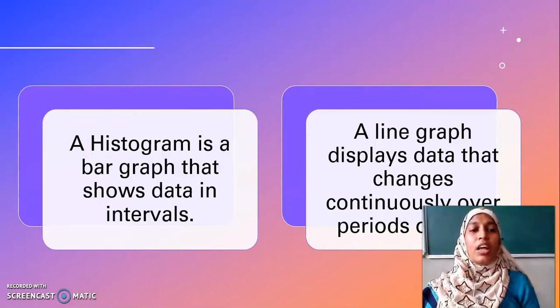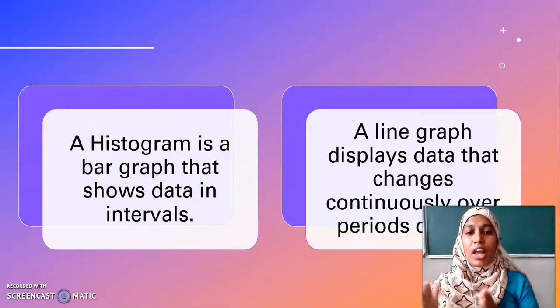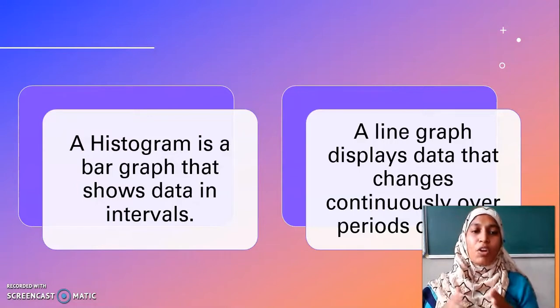Okay, children. Now the last one, a line graph. A line graph displays data that changes continuously over a period of time. It resembles a histogram. Whereas in a histogram you will have bars, in a line graph we will not have bars.